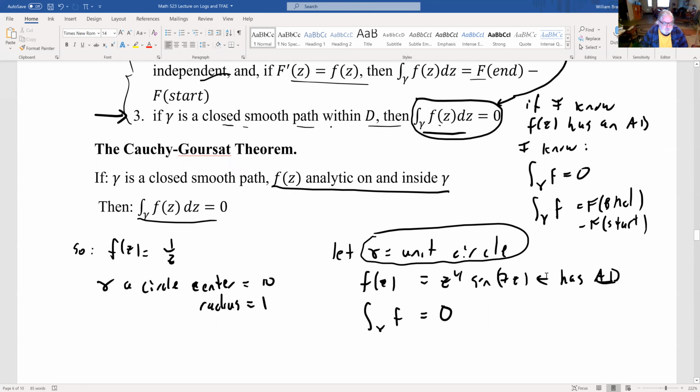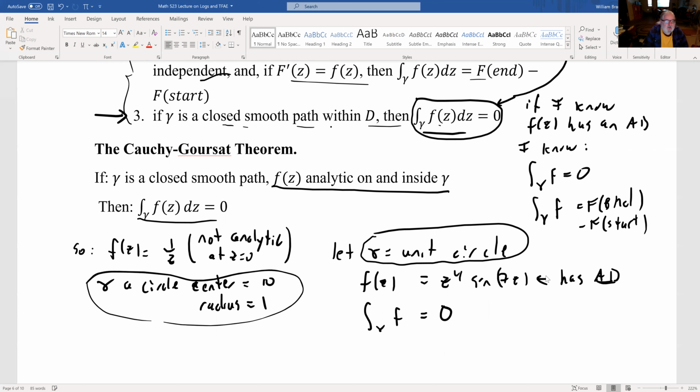So suppose f of z is 1 over z, and we know that this has a problem. It's not analytic at z equals 0. But this circle, a circle with center 10, radius 1, gamma, does not go around 0.